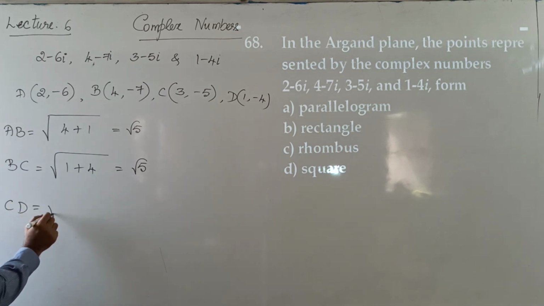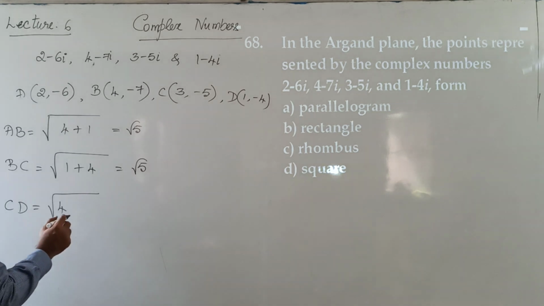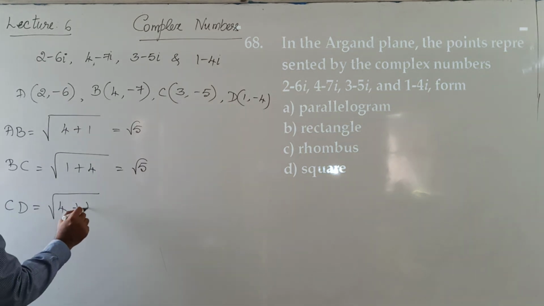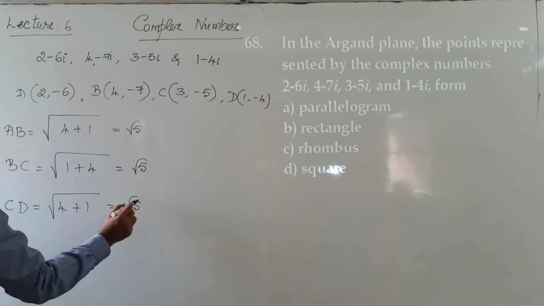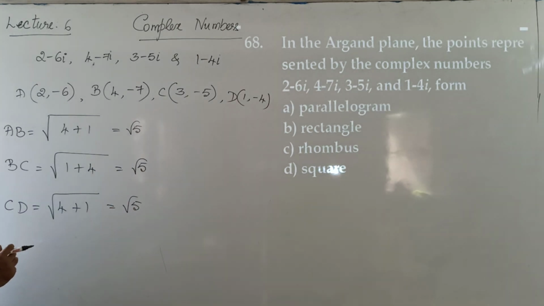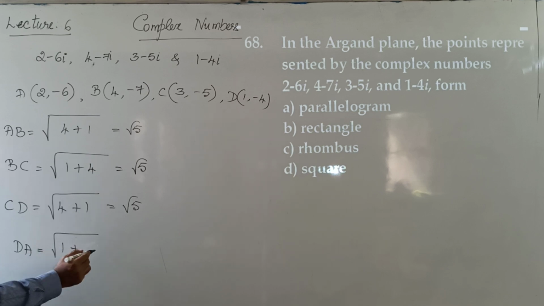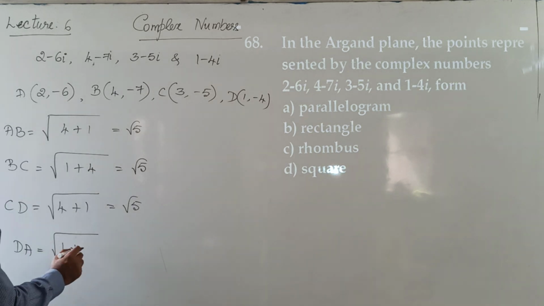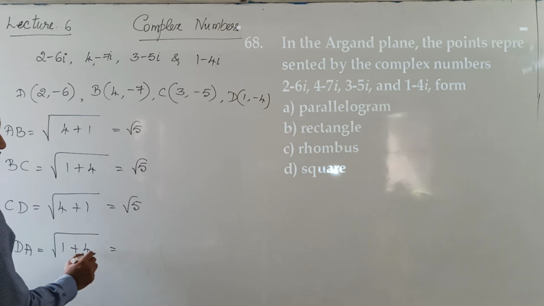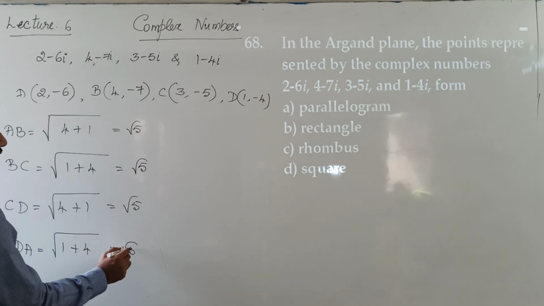Then CD is equal to 1 minus 3 is minus 2 whole square, which is 4, plus minus 4 plus 5, 1. That is equal to root 5. Then DA is equal to the square root of 1 minus 1 is minus 1 whole square is 1, plus minus 4 plus 6 which is 2, 2 square is 4. That is equal to root 5.